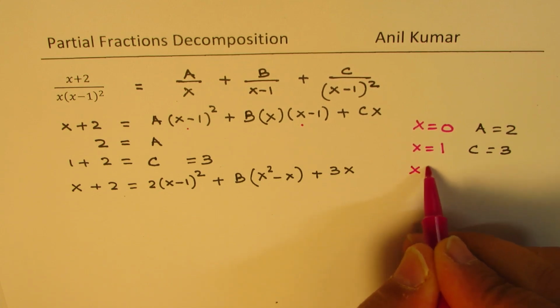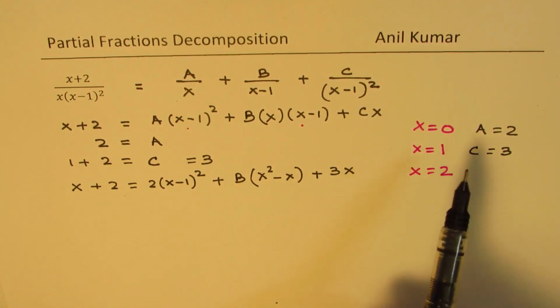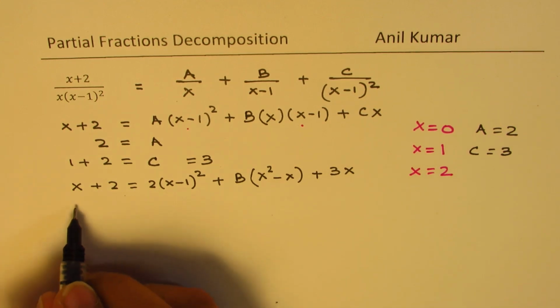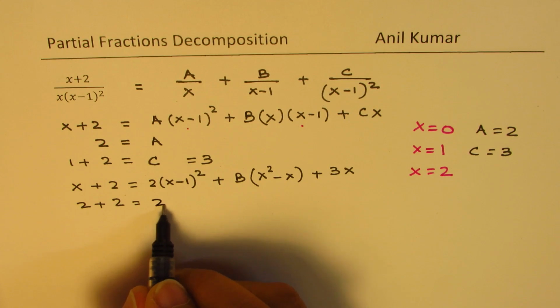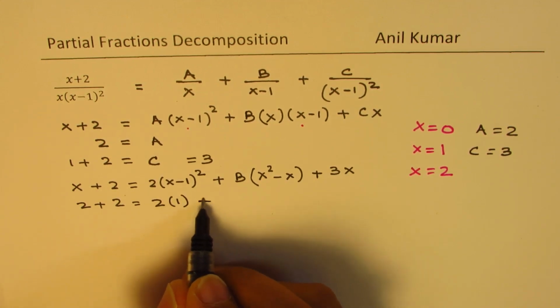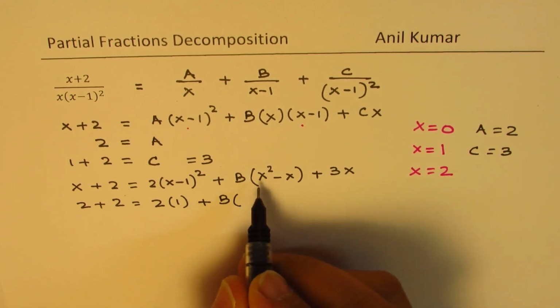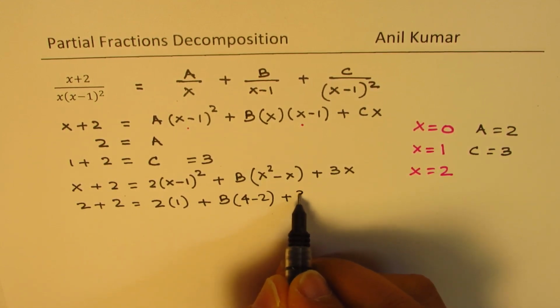We could substitute any value of x, other than 0 and 1. So let us put x equals 2 now. Substituting 2, we get here 2 plus 2, which is 4, and here we get 2 times (2 minus 1) is 1, right? So that is 1, plus b, 2 square is 4, 4 minus 2, and plus 3 times 2, correct?